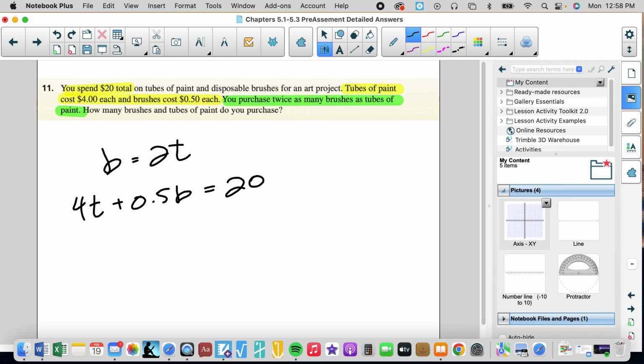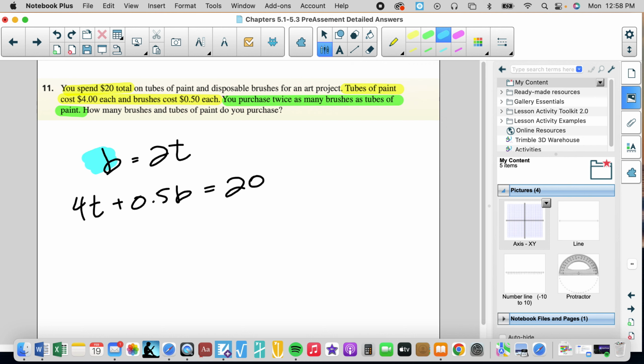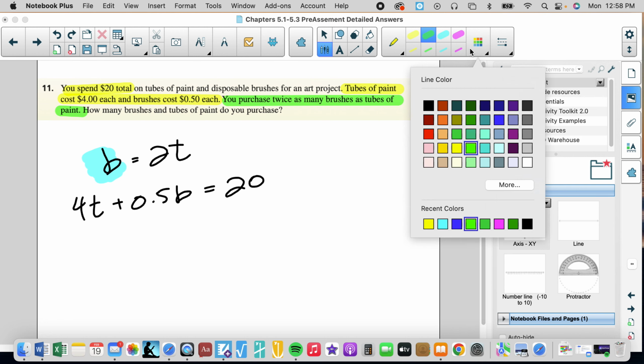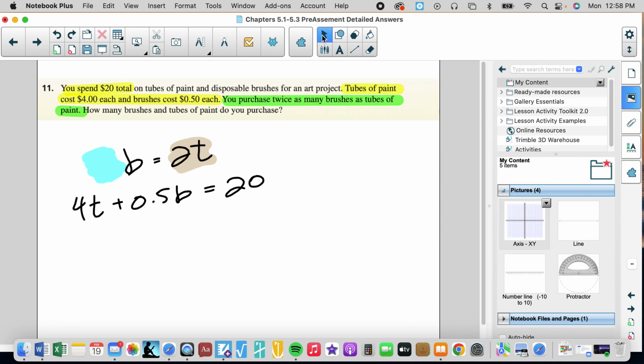So intuitively, it tells us, hey, we should use substitution. We've got a variable that's isolated. Let's plug it back into the other equation.